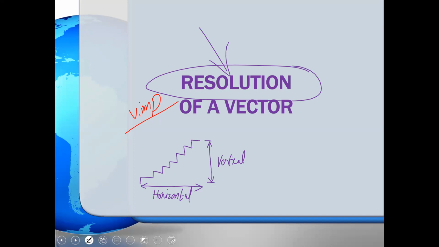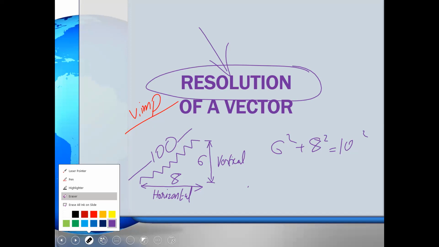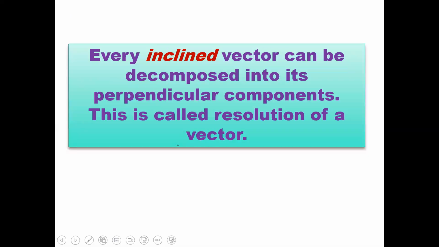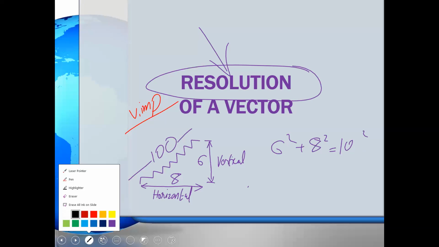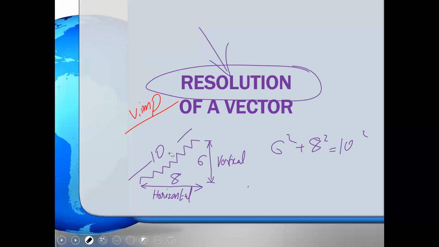This is how we work this out. Normally, for example, if this is 8 and this is 6, then this will be 10, because 6 squared plus 8 squared is equal to 10 squared. This is the concept of a vector: every inclined vector has two components.